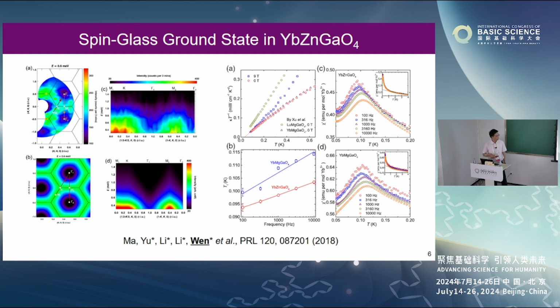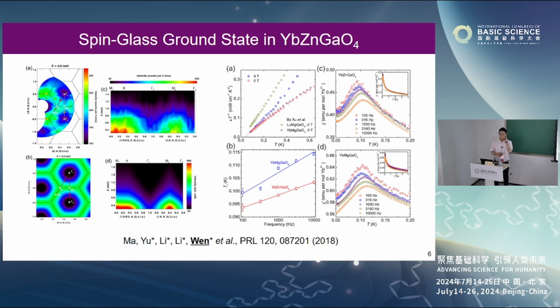And this freezing temperature actually has a very strong frequency dependence. So this is a very important characteristic of the spin glass. So we conclude that these materials, including ytterbium zinc gallium oxide and ytterbium magnesium gallium oxide, are a spin glass instead of a quantum spin liquid.